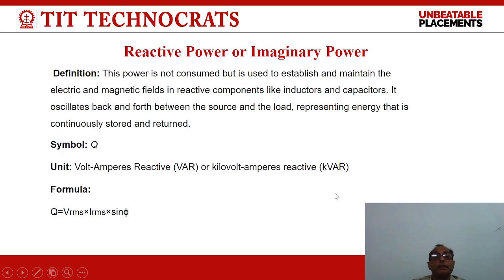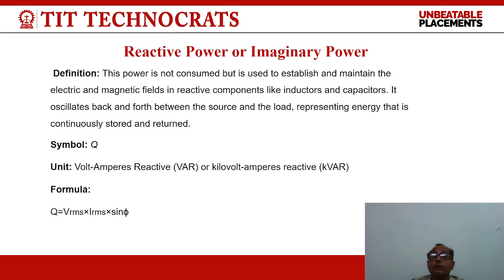Reactive power or imaginary power. This power is not consumed but is used to establish and maintain the electric and magnetic field in the reactive components like inductor and capacitor. So, reactive power is also important in the circuit, which will determine the power which is consumed in the process.